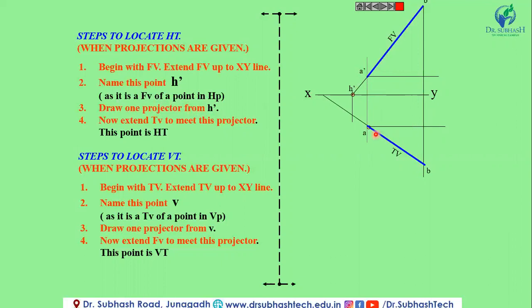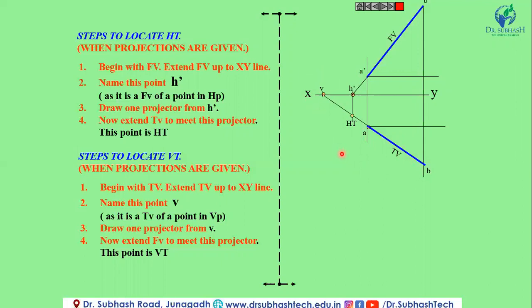If we extend the top view AB, the intersection point of this extension and the projector from H dash is known as the HT, the horizontal trace. When this extension line intersects the XY line, that point is known as V.